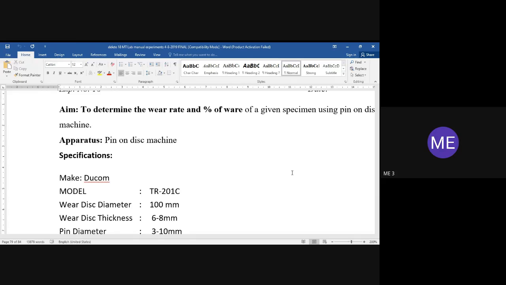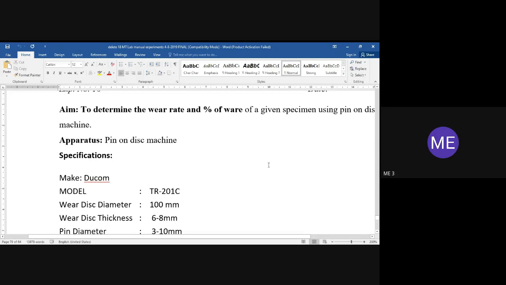The difference in weight gives the total amount of wear. I hope you understood the wear rate.